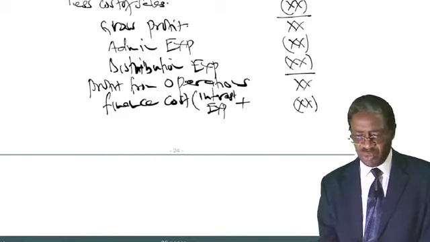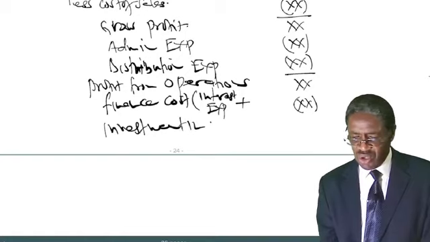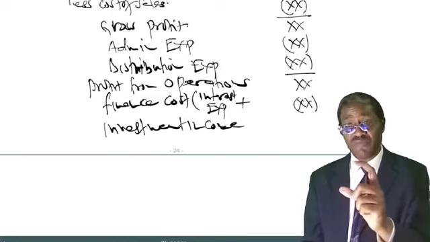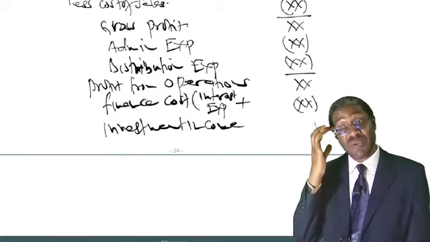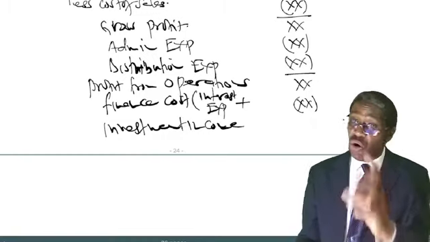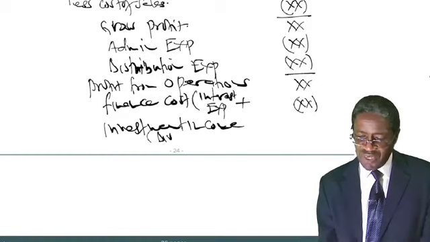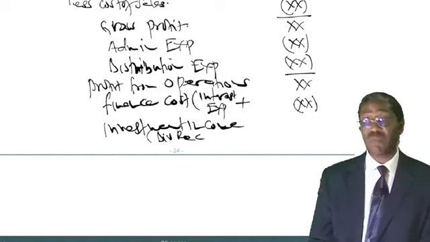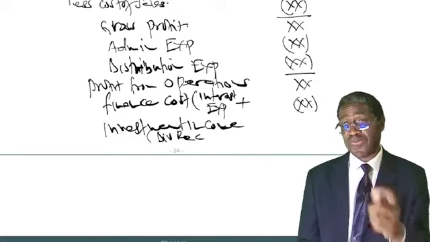After finance costs, we normally come to what we call investment income. Assuming your company has earned some income from its investment. Maybe your company has invested somewhere and they're earning what we call investment income. This investment income could be in form of dividend received. Maybe they have bought some shares in a company somewhere else, and those shares are giving you some dividend as an income.